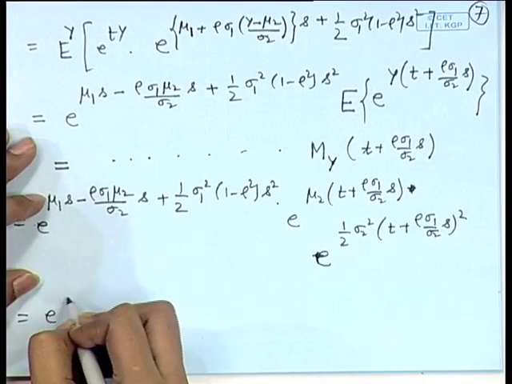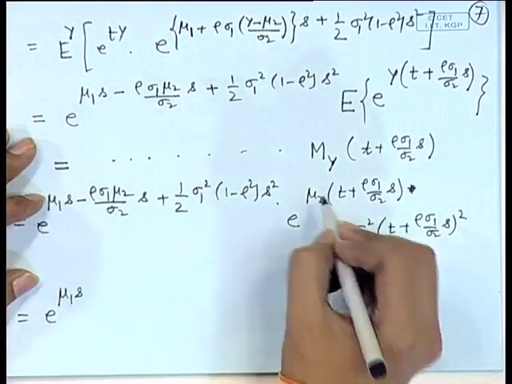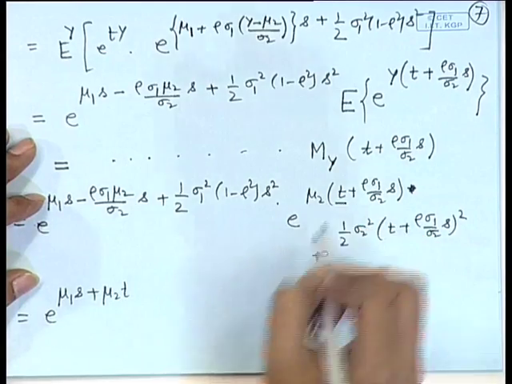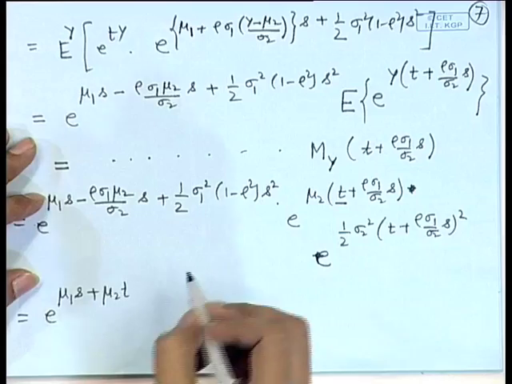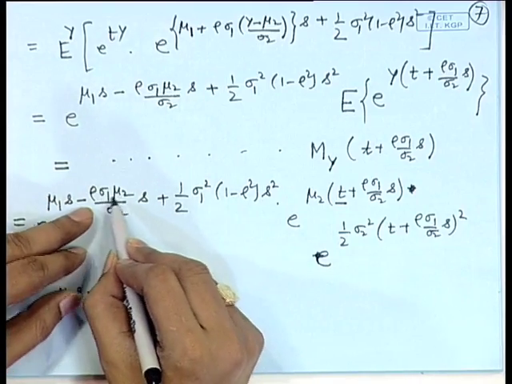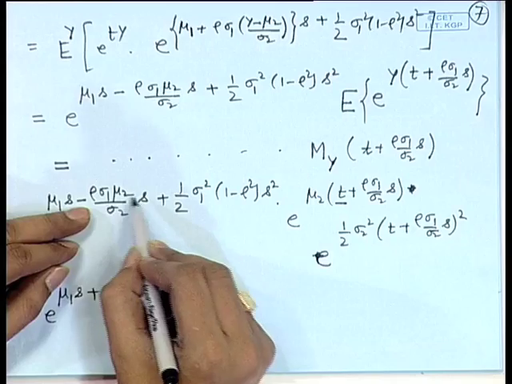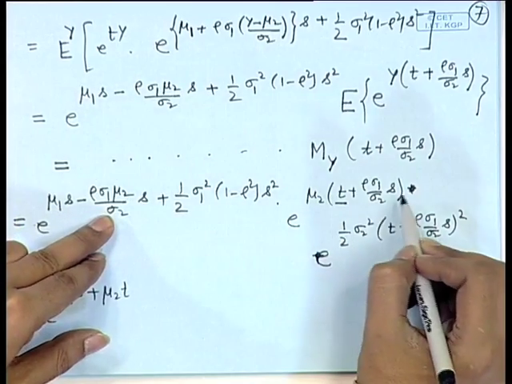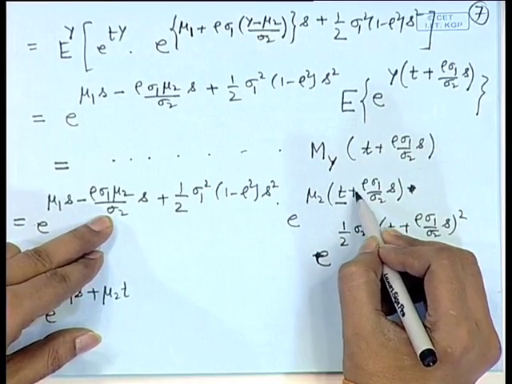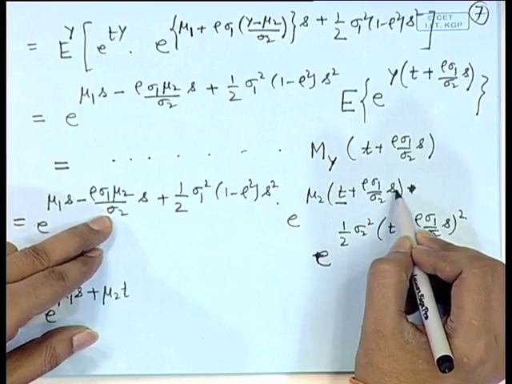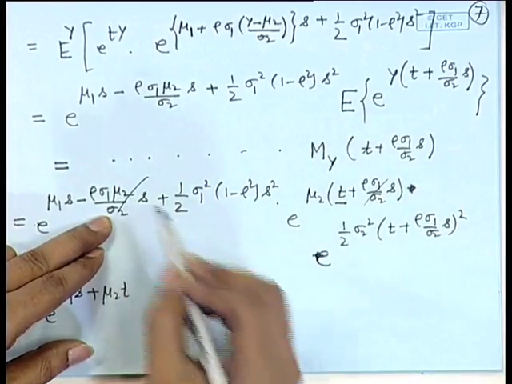So, we have e^(mu 1 s plus mu 2 t), that is this term. Now, we note here the term minus rho sigma 1 by sigma 2 mu 2 s. This term is coming here also, but with a plus sign, plus rho sigma 1 by sigma 2 mu 2 s. So, this term gets cancelled with this term.